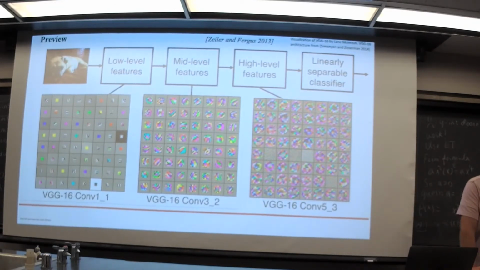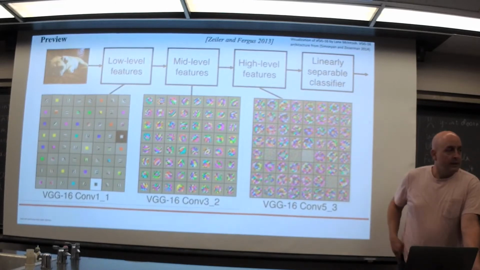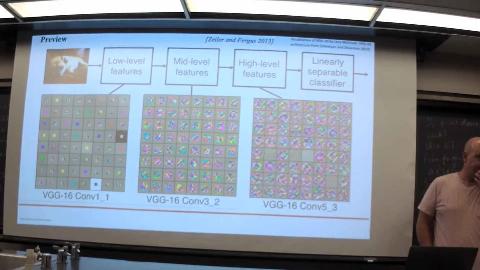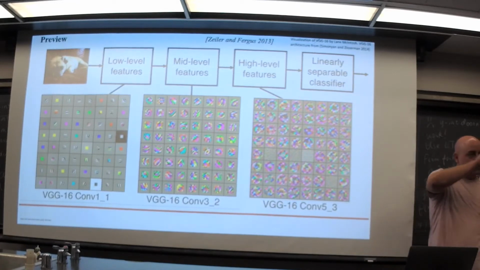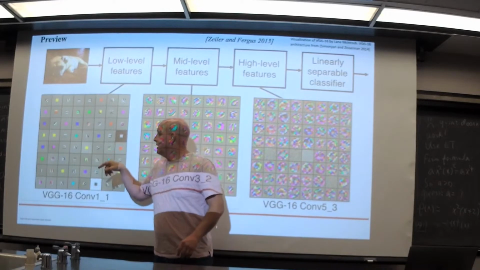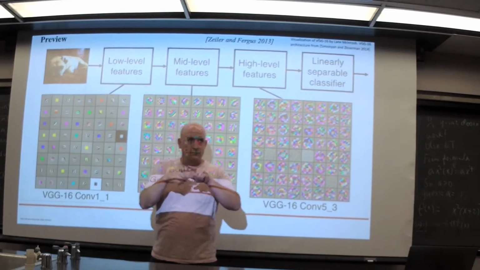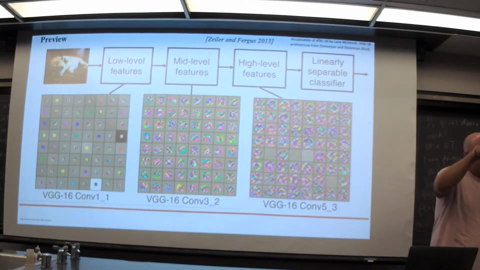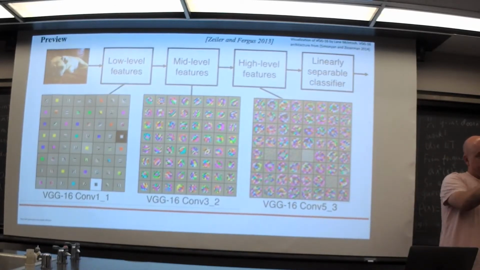Just to clarify, each one of those is a filter in the first layer? In the first layer, yes. Each one of those is going to be scanned across the layer? Yeah, exactly. So there are 64 of these, 8 by 8. Each one of these is going to give you, if we follow the geometry we looked at before, a 28 by 28 slice of the output, or the feature map.